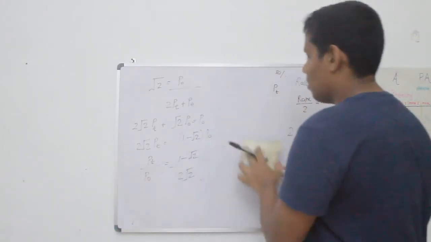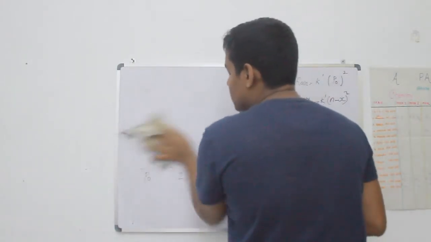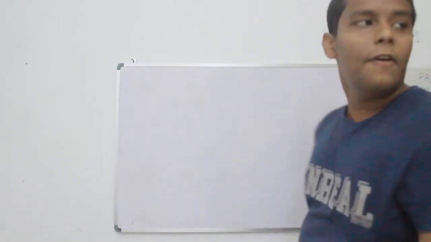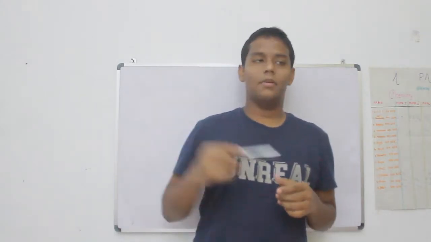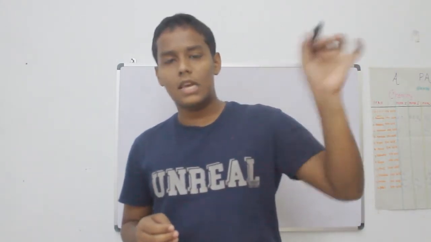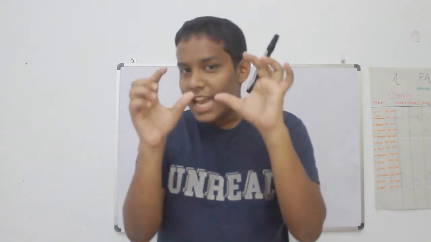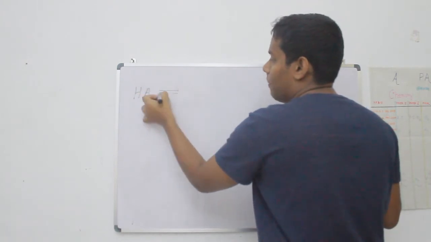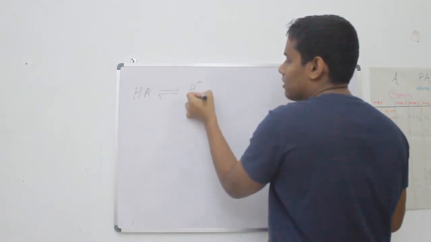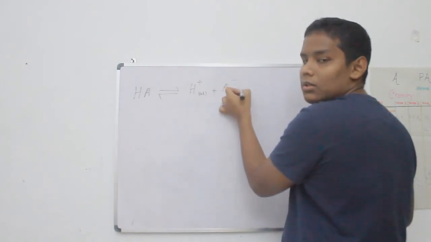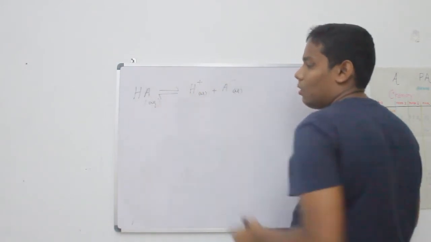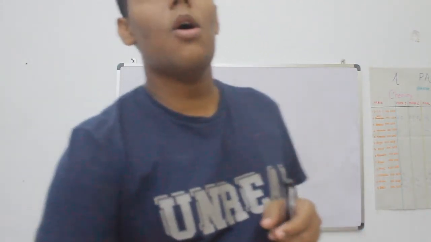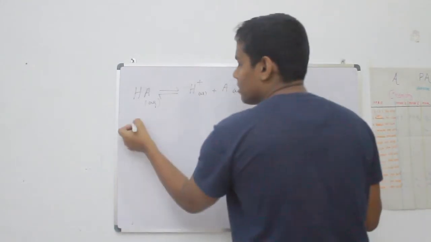Okay, so now you know in that particular solution we have both HA and HB. So if I write the equation for HA separately, what will come here? HA gives H plus aqueous plus A minus aqueous. Now I'm going to write the equation for HB.